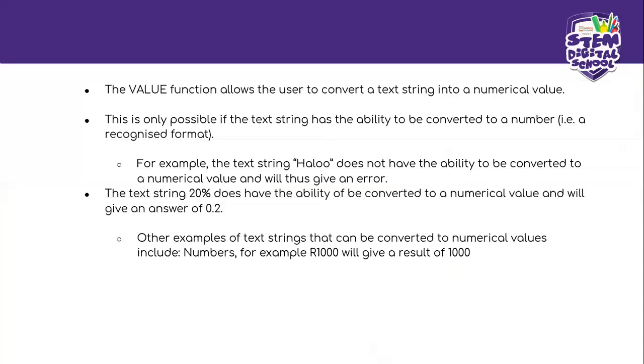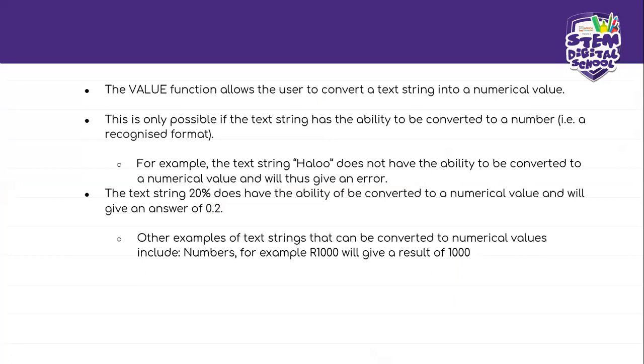The value function allows the user to convert a text into a numerical value. So with this value function, the user can convert a text string into a number, a numerical value.